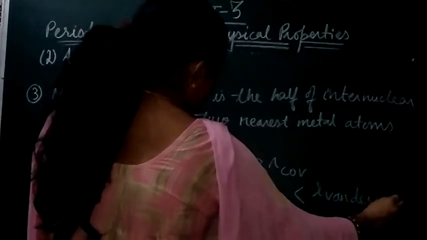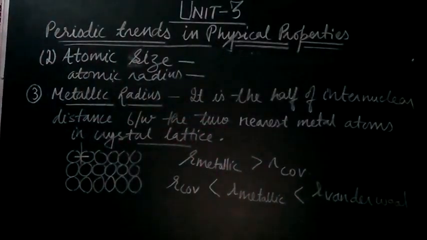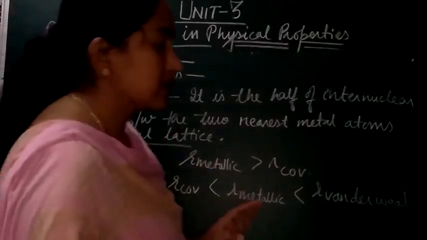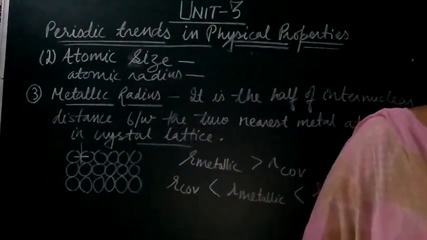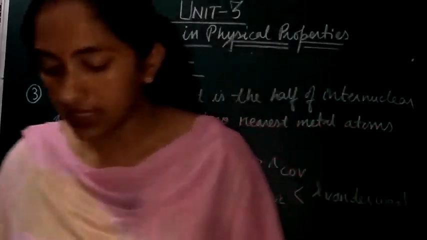At last we have the van der Waals radius, so you can simply write down van der Waals, right? So these three mainly comprise the atomic radius, and we have one more expression of the atomic size, that is the ionic radii, but that we will discuss later.